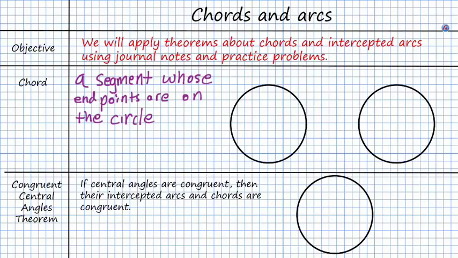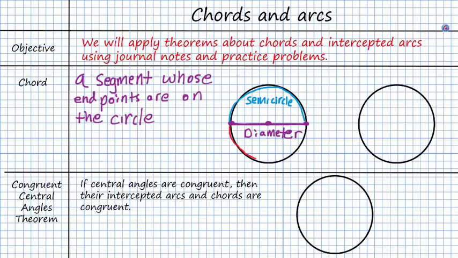So there's more than one type of chord. We have a special chord where we pass through the center of a circle, and that's called our diameter. So our well-known length, the diameter, is also a type of chord.